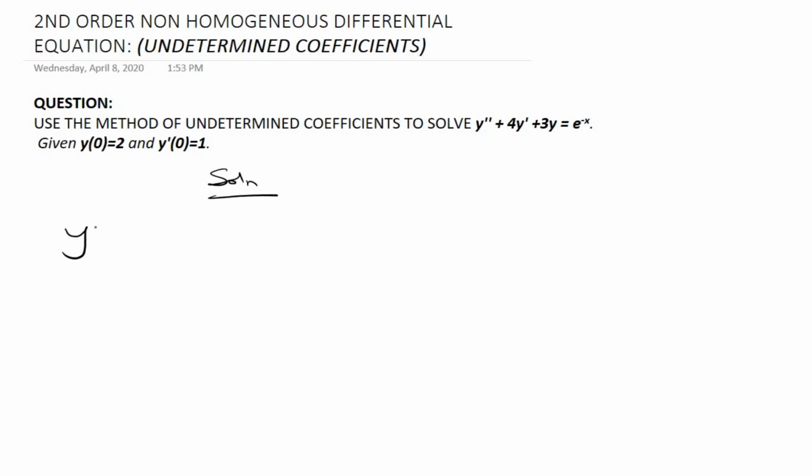This is the equation we are given. So this is a non-homogeneous differential equation, confirmed. Why? We have a proof from the right hand side here. Because for a homogeneous differential equation, the right hand side is always equal to 0.